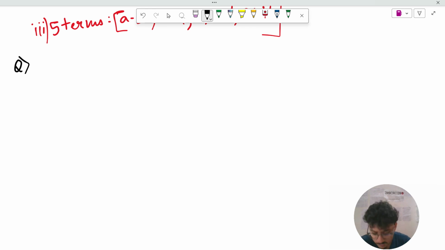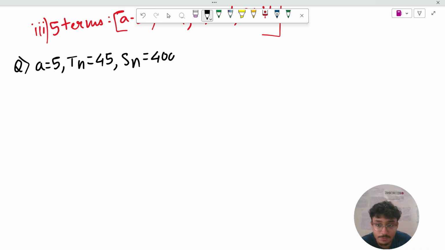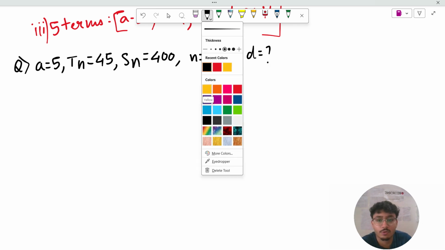My question is: the first term of a series, that is a equals 5, the last term, that is my tn, is 45, and my sn is 400. We need to find n and d. Easy one, just take 2 minutes to think about it.